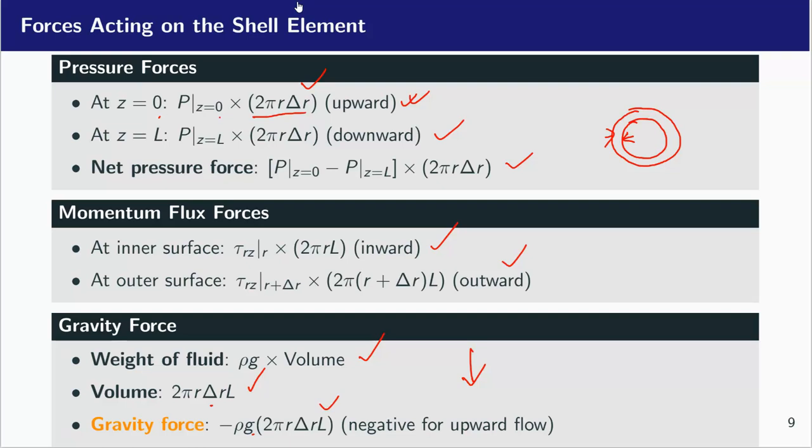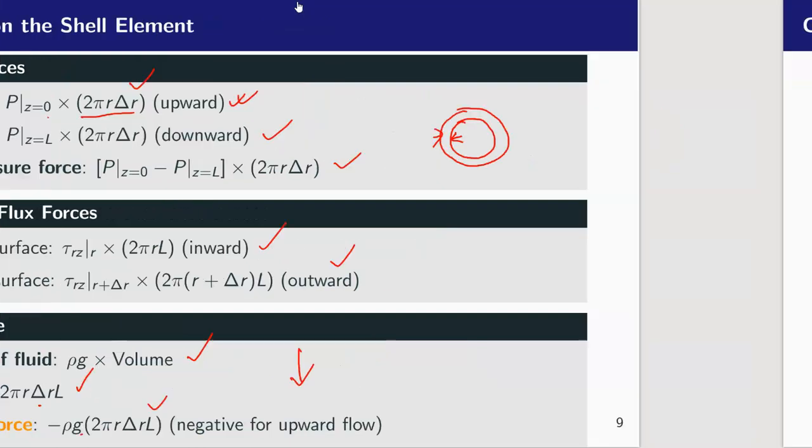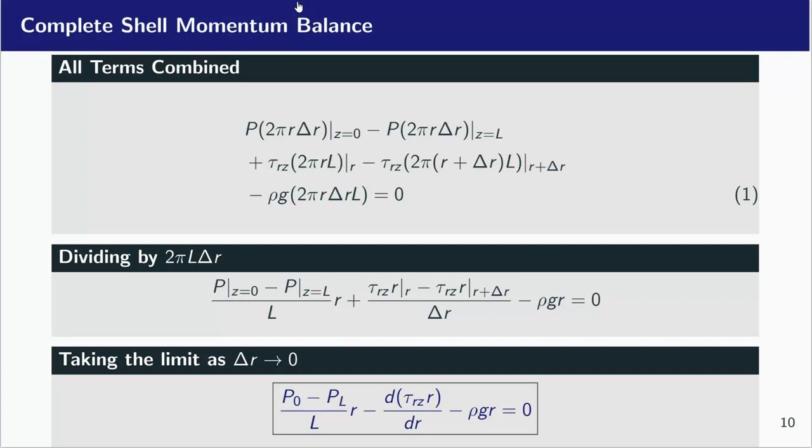So now we have all the momentum fluxes and all the forces, and we have to put them together. Combining all terms: p at z equal to 0 into 2 pi r del r, minus p at z equal to L into 2 pi r del r, plus tau rz 2 pi r L at r, minus tau rz 2 pi (r plus del r) L at r plus del r, and then minus rho g 2 pi r del r L is equal to 0.